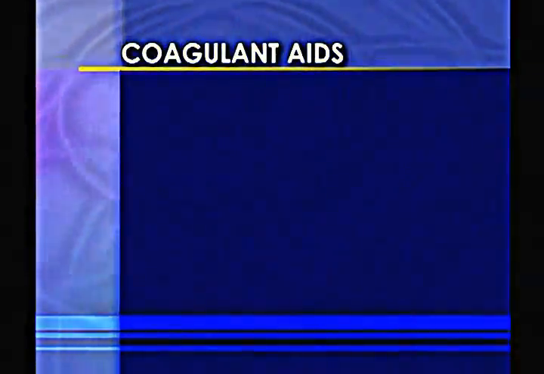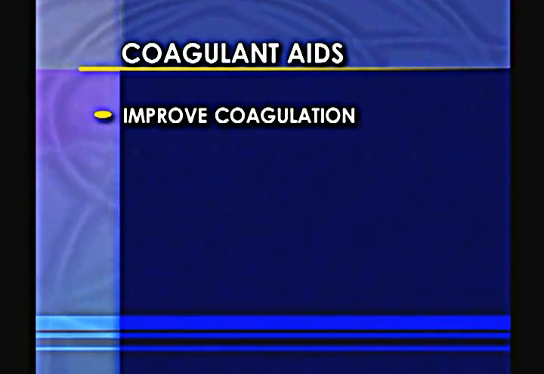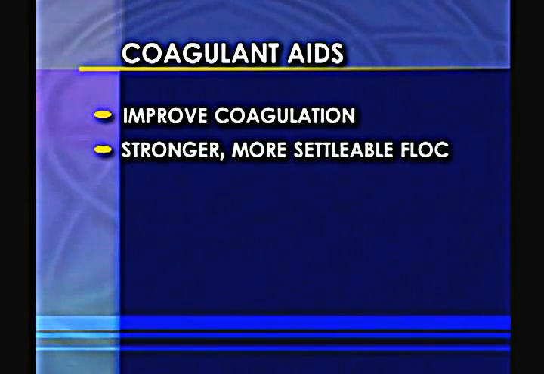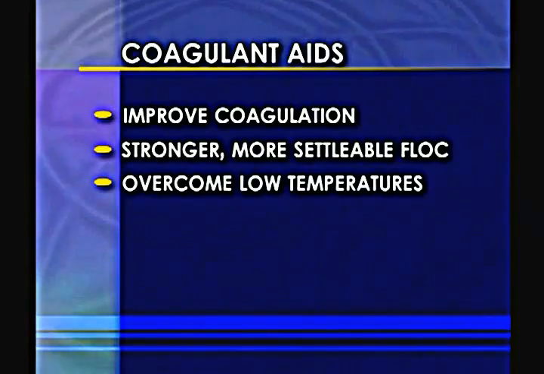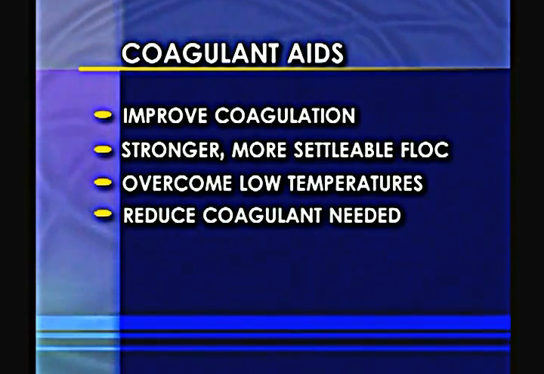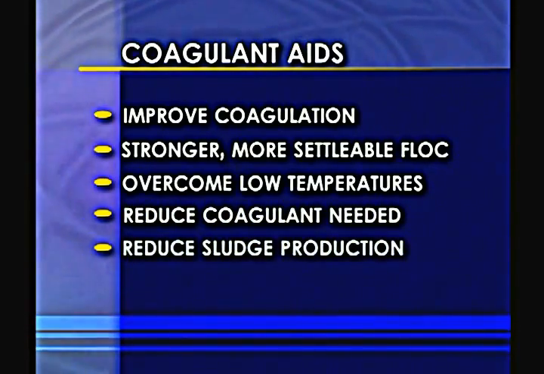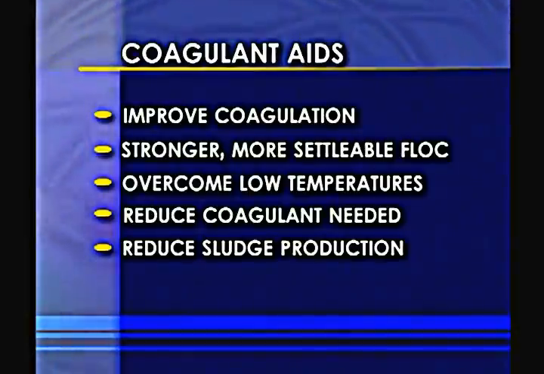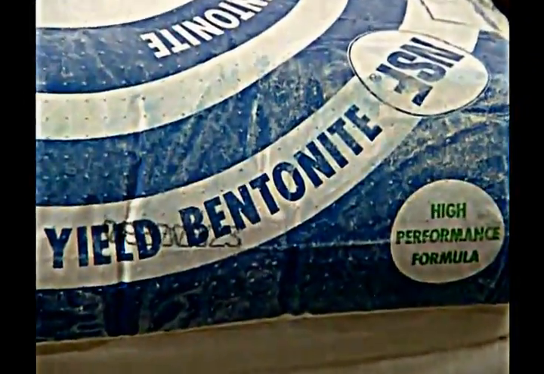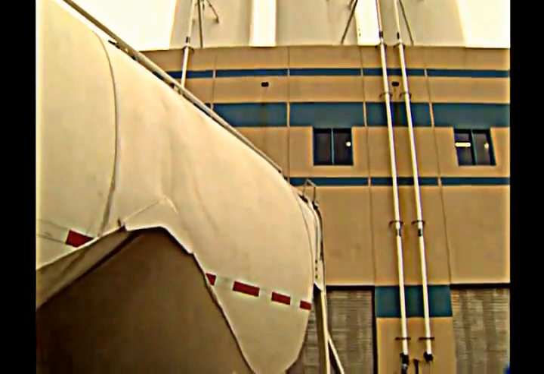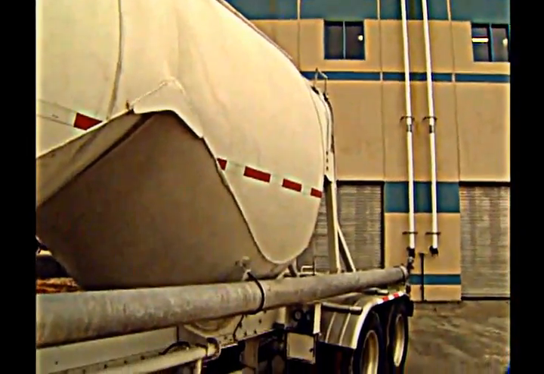Coagulant aids are added to improve coagulation, build stronger, more settleable floc, overcome the effect of low temperatures, reduce the amount of coagulant needed, and reduce the amount of sludge produced. Commonly used coagulant aids are activated silica, which has proven effective in colder water, weighting agents such as bentonite clay and limestone, when source water has a low mineral content or turbidity, and polymers.